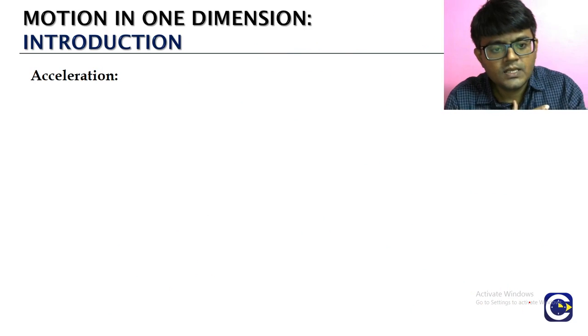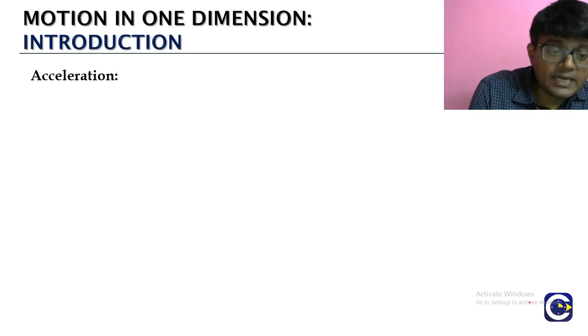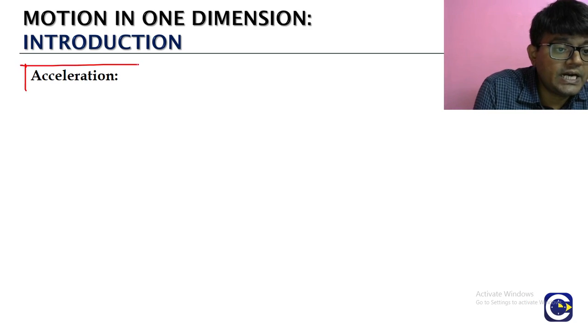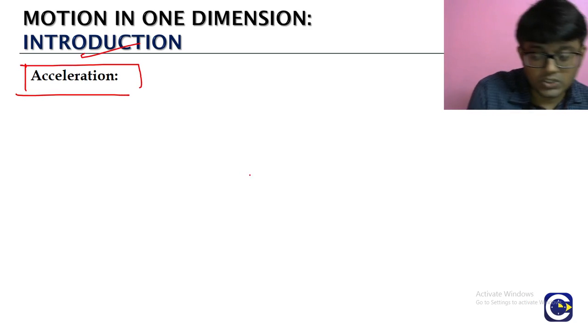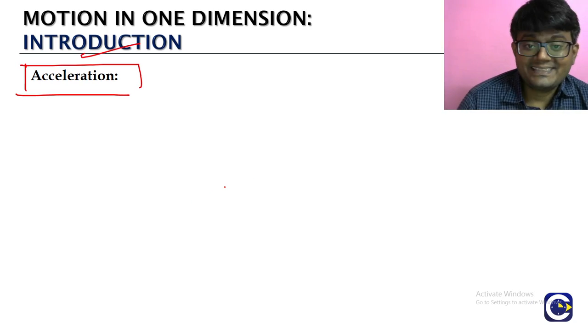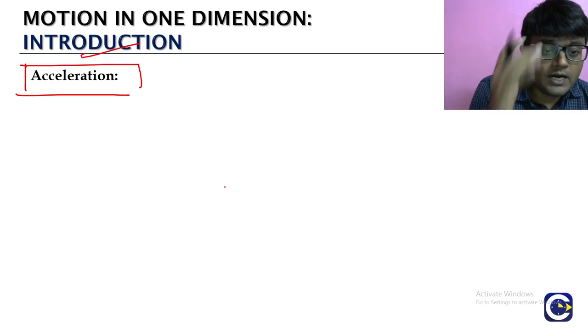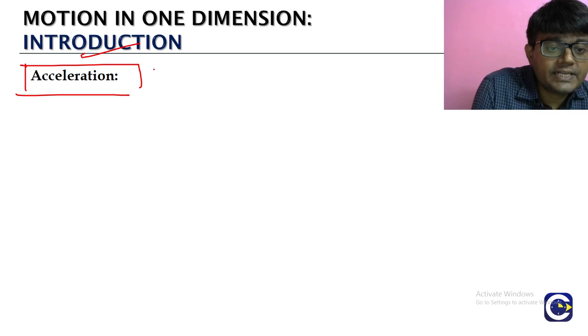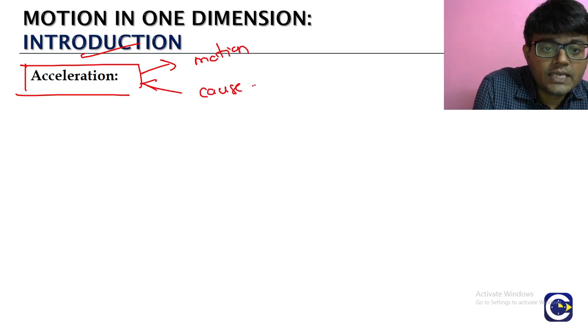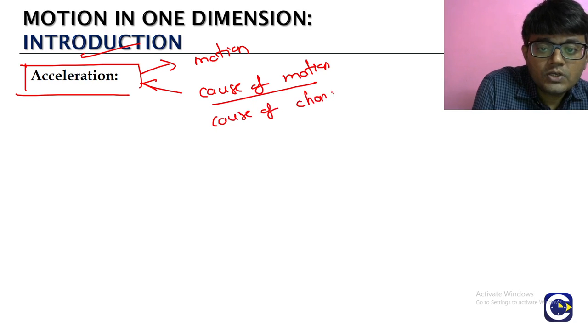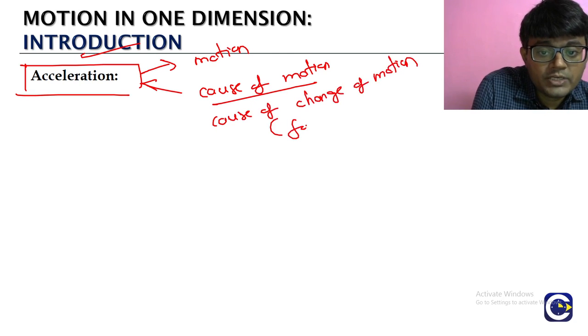Okay. Now we'll go to another important parameter to study the motion of an object, which is the acceleration. Now acceleration is the link between the motion and, we'll say, the cause of motion or cause of change of motion. You know what we're talking about here?